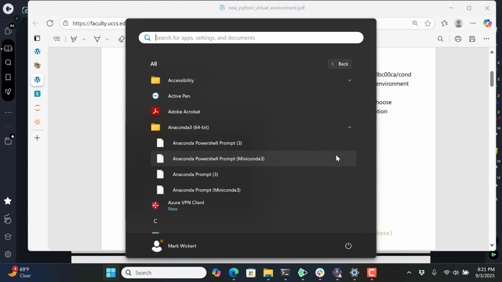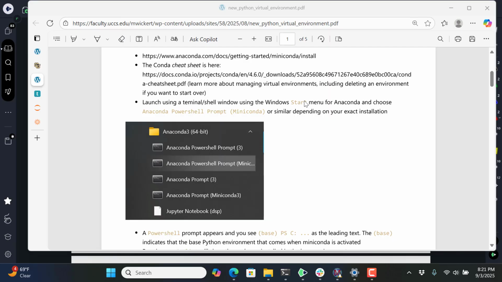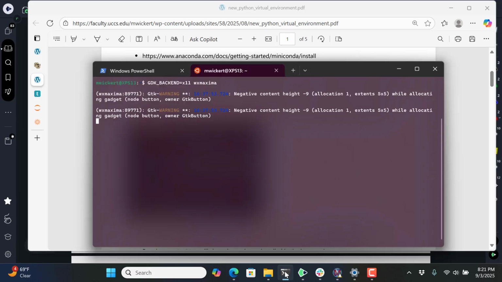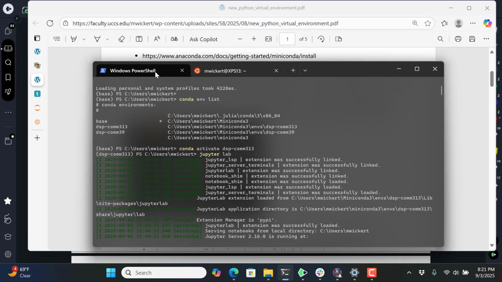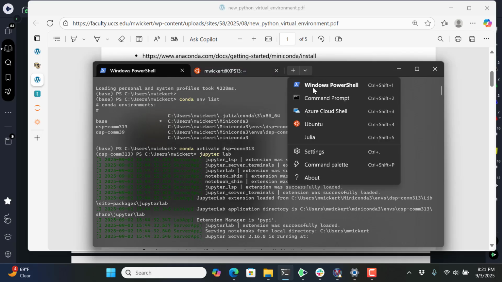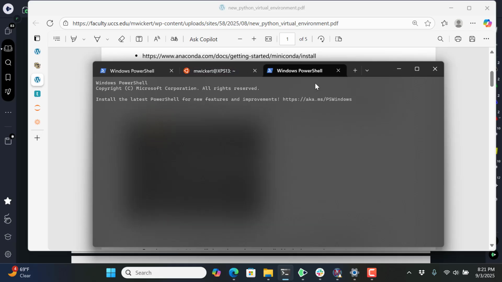So that's how you get to your command prompt. For me, I use PowerShell. Windows PowerShell for me is over here, and I'm just going to open up a clean copy of the PowerShell and show you what the steps are for getting things going once that starts up.